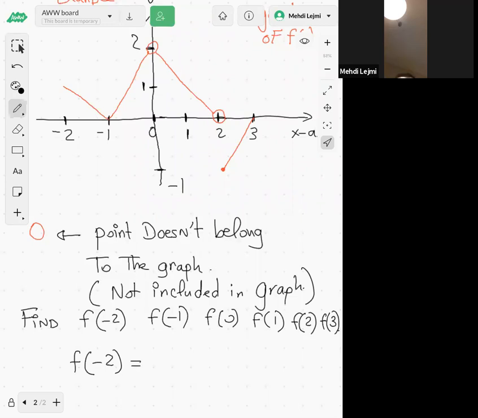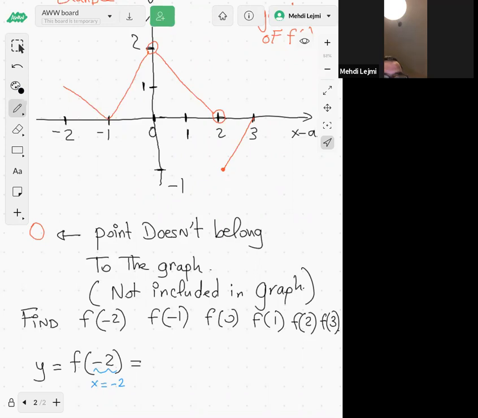So what does it mean, f of -2? Well, first, it means that my input x is -2, right? And what I'm trying to do here, yes, Gordon, it's gonna be +1. What I'm trying to do now, guys, is find the output y corresponding to the input x equal to -2.